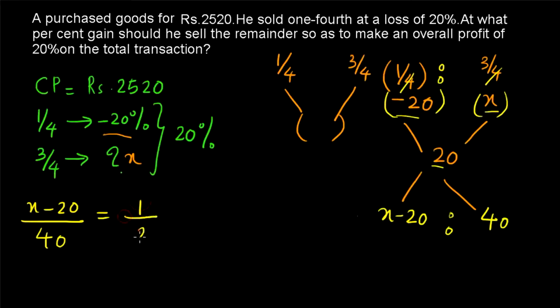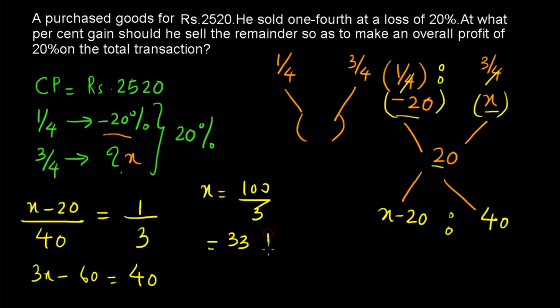So X minus 20 is to 40 is equal to 1 by 3. So what will be your final answer? 3X minus 60 is equal to 40, so X will be equal to 100 by 3, that is 33 1/3%. Since it is a positive number, we will be having 33 1/3% profit.